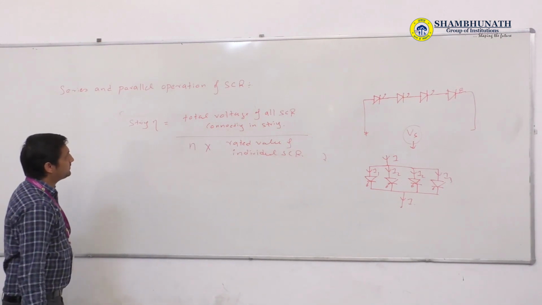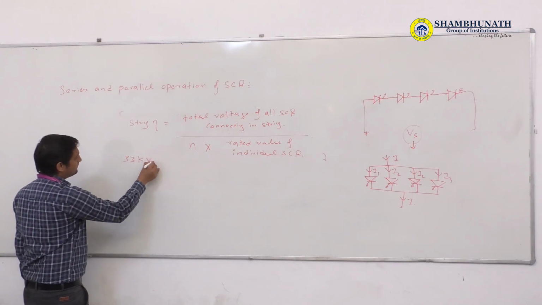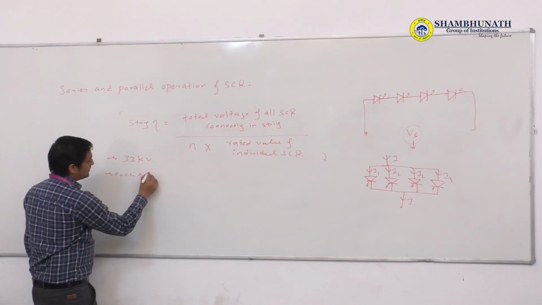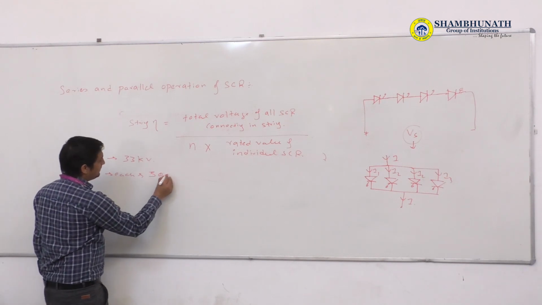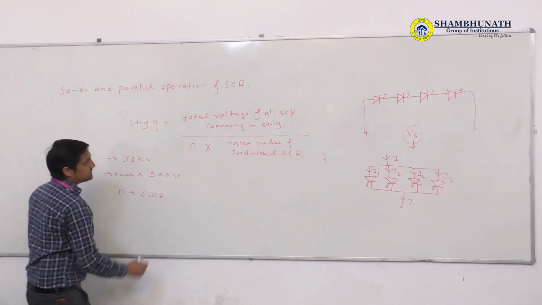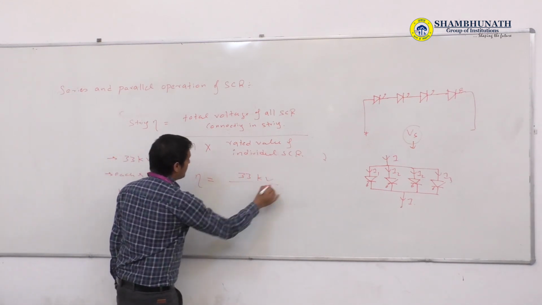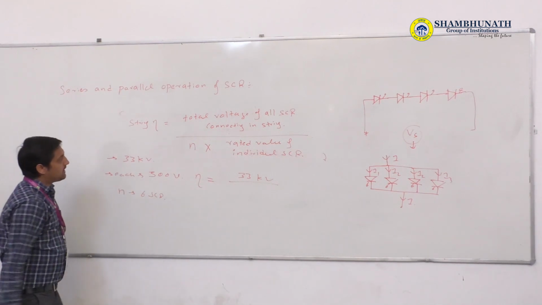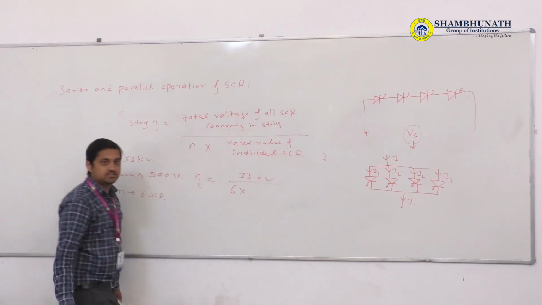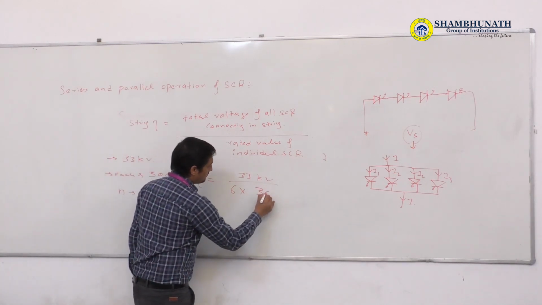Now take an example. If a string has a voltage of 33 kV and each SCR has a voltage of, say, 300 volt and there are 6 SCRs, then the efficiency is equal to 33 kV, that is the total string voltage, upon the number of SCRs, which is 6, times the rated voltage of an individual SCR, which is 300 volt.